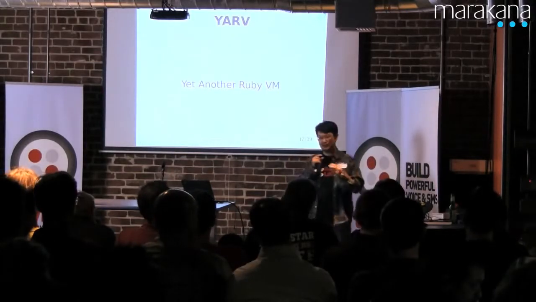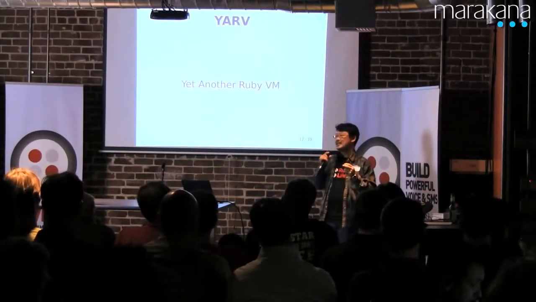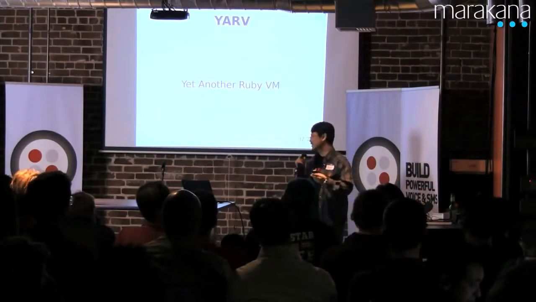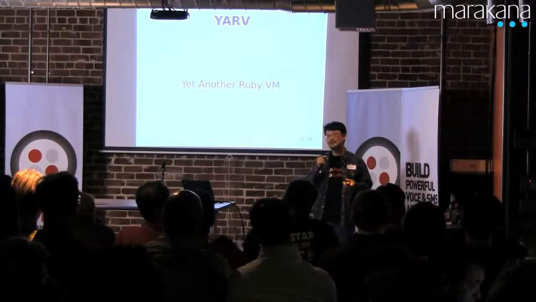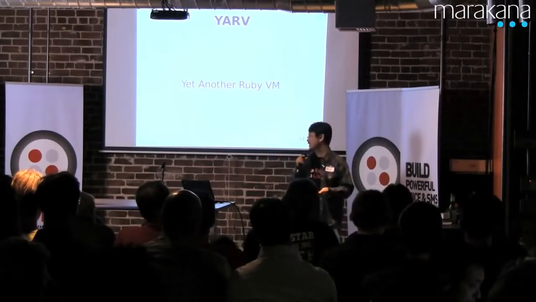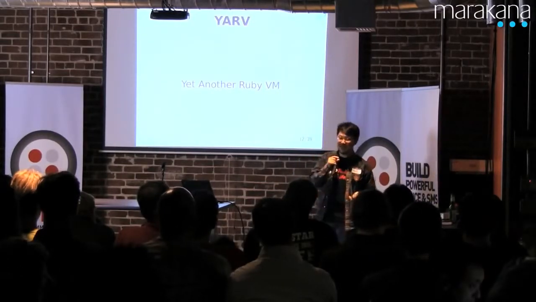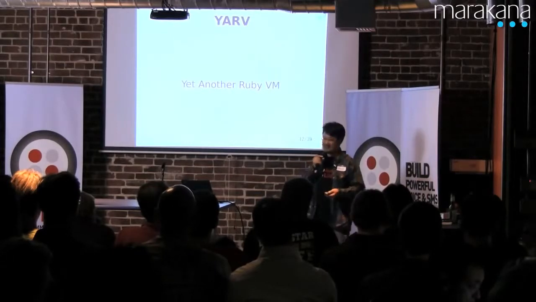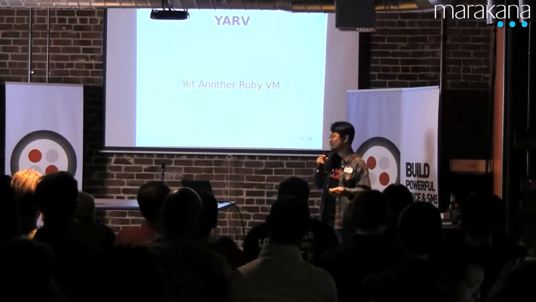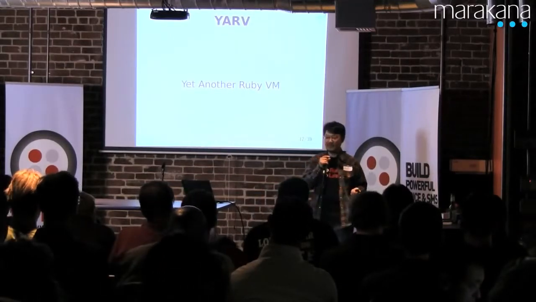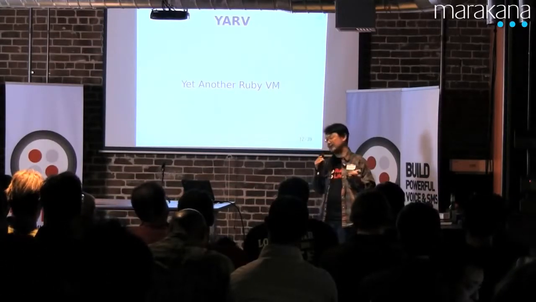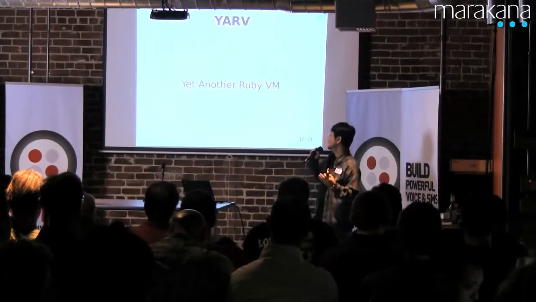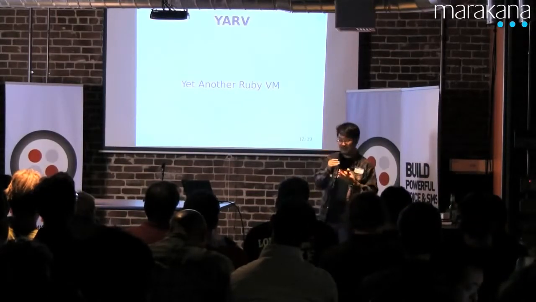And in most practical use, 1.9 is 2 times faster on average. So 1.9 is quite fast, and it even has room to improve performance in the future. Like we don't use a just-in-time compiler yet, and we have some optimizations left out.